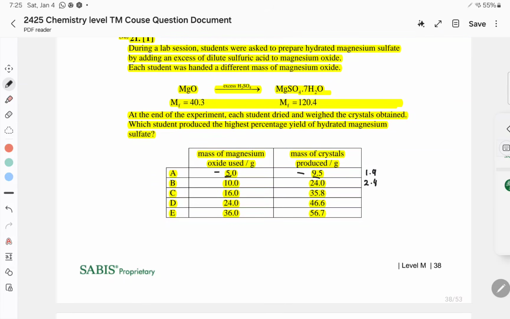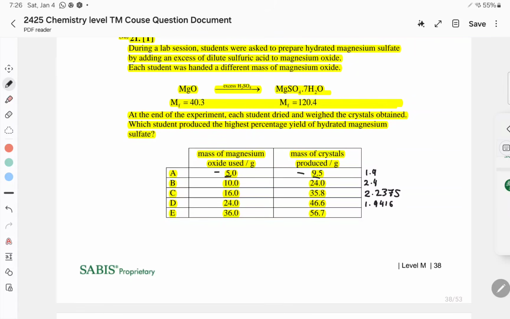35.8 divided by 16, you're gonna get 2.2375. 46.6 divided by 24 is gonna give you 1.9416. I'm gonna stop there because it keeps repeating.